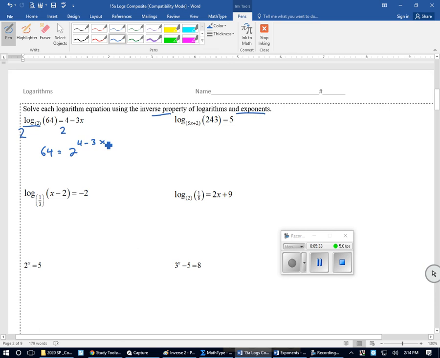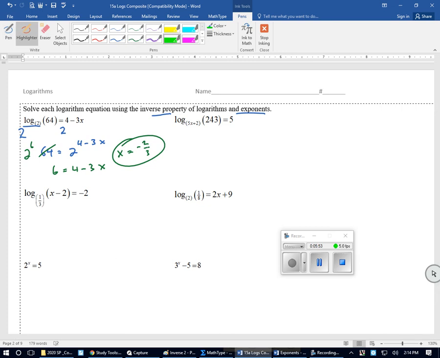Now, if you look on your sheet, 64 is the same as 2 to the 6th. And if I cancel my bases, I have 6 equals 4 minus 3x, or x equals negative 2/3. Again, my idea is to use the inverse property of logarithms and exponents.